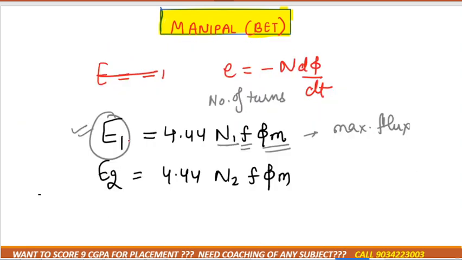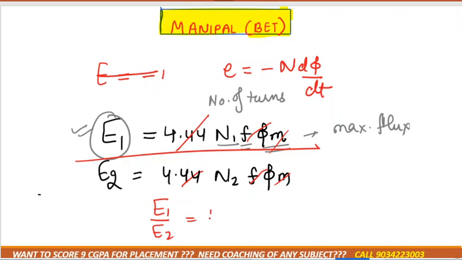And if I divide the complete formula, then all the terms would cancel out and the rest would be E1 by E2 is equal to N1 by N2, correct? So similarly we can write V1 by V2 is equal to N1 by N2. Current is always inverse, as I told you, if voltage is increasing then current must decrease.